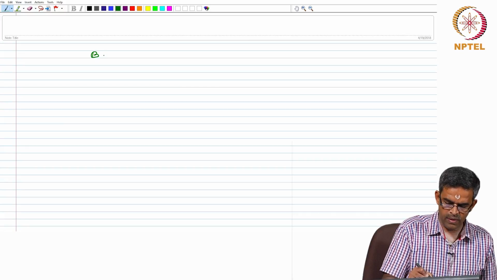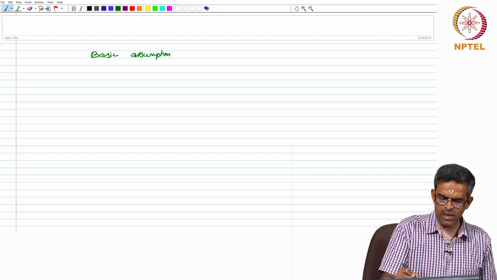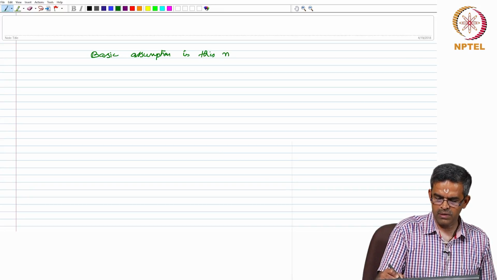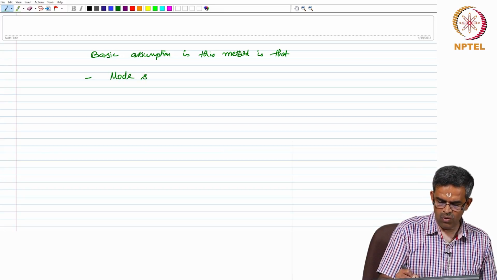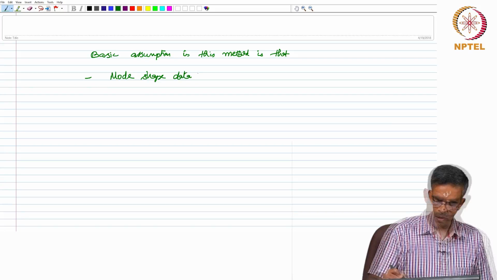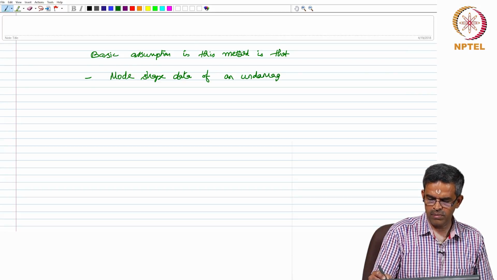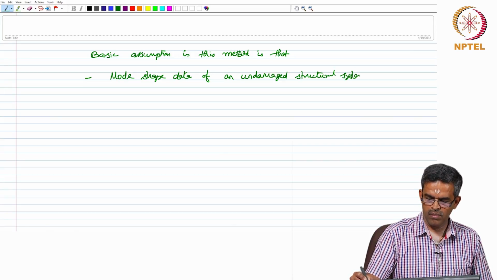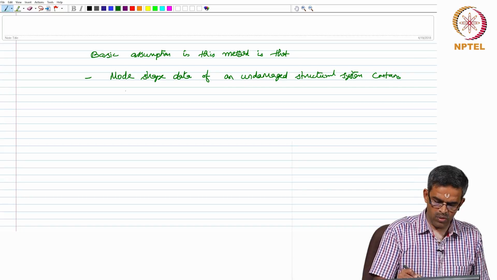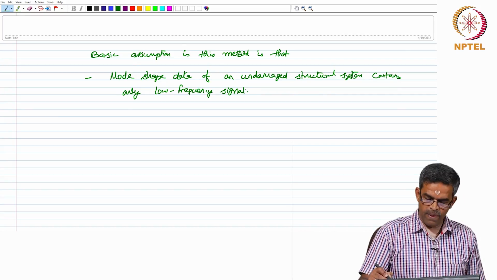Let us look at the basic ideology or assumption in this method. The basic assumption is that mode shape data of an undamaged structural system contain only low frequency signal in the spatial domain.